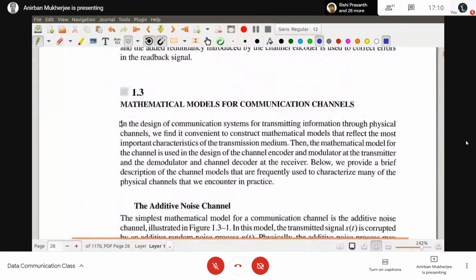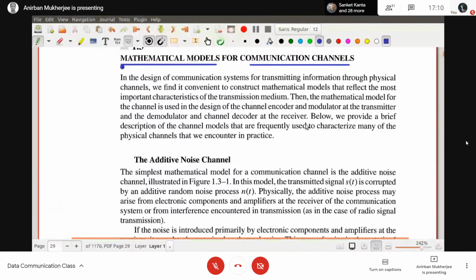Now we'll talk about the commonality for all these channels, the mathematical models for communication channels. Let us discuss. Okay. Now the simplest model is the additive noise channel; whatever noise is there, it adds.